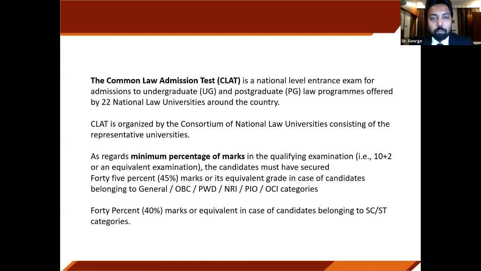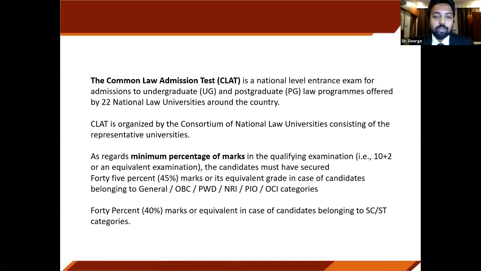There's only one important thing that I want to mention as far as eligibility and various other preliminary things about CLAT are concerned, since all of the information is available online and it would seem a little redundant. One of the most important things, looking at the current situation with the board exams, is that you would have to have a 45% minimum of marks in your board exams for all categories.